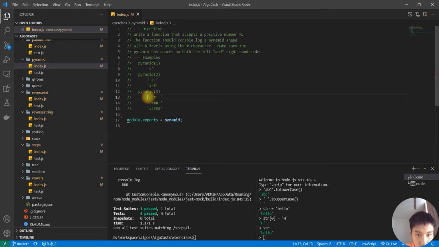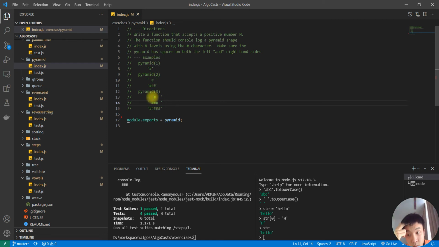So with the 3-level pyramid, the hash is in the middle of the whole line. It expands the width and goes down to form the shape of the pyramid.